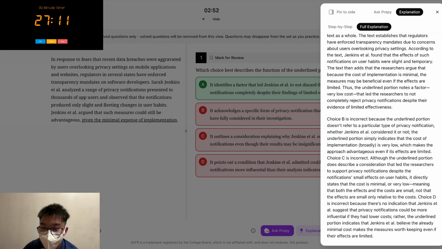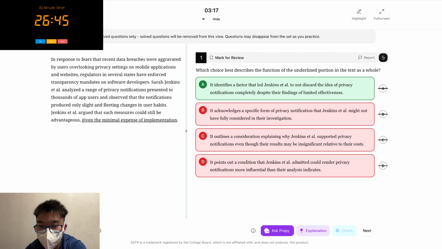Consideration. Both sides are small. No. I guess for C, both have. It's not the effective. It's not relative to the cost.